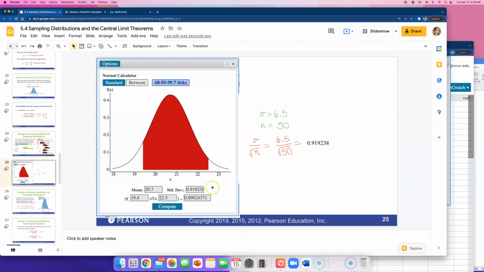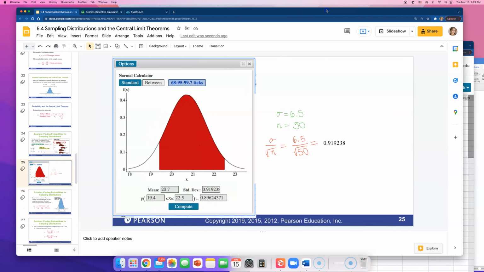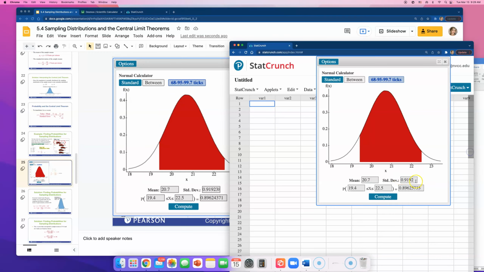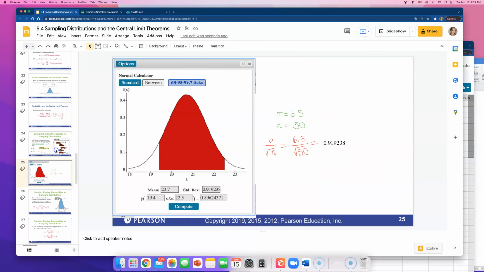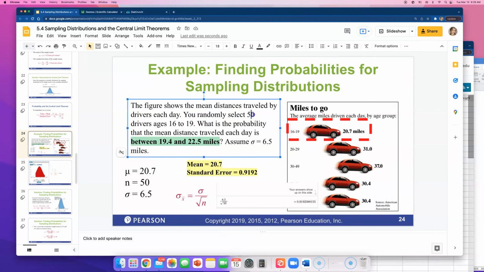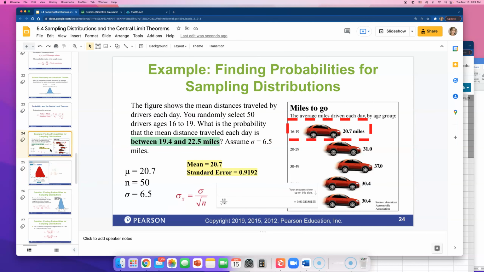So if you do that, enter the lower bound and the upper bound, you'll be able to find the desired probability, okay? Very commonly students miss this because they just type in 6.5, but that's not how you would do the sampling distribution problem. When they have a sample size of 50, you're going to have to divide the population standard deviation by the square root of 50, okay? So that was one example.